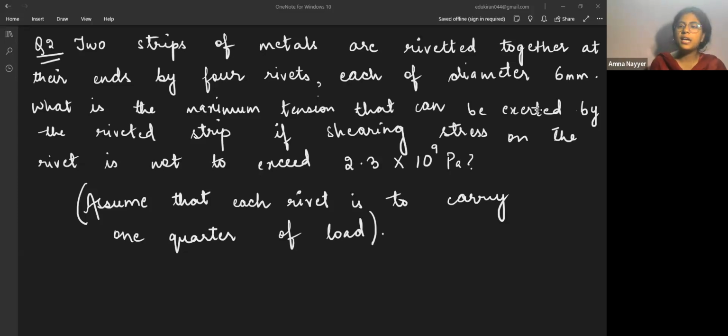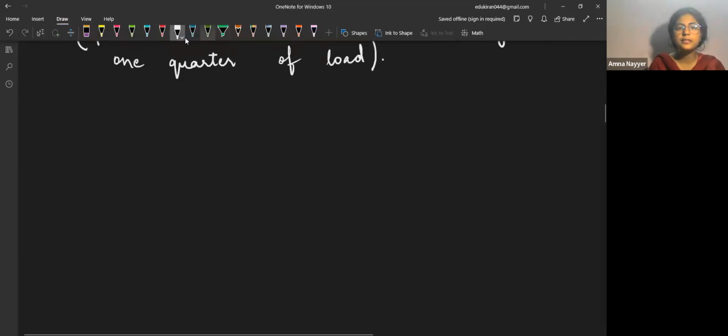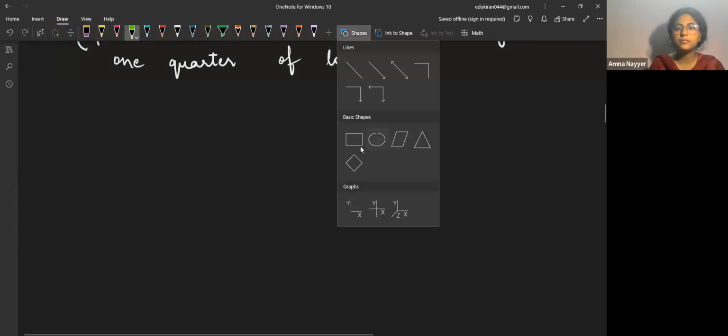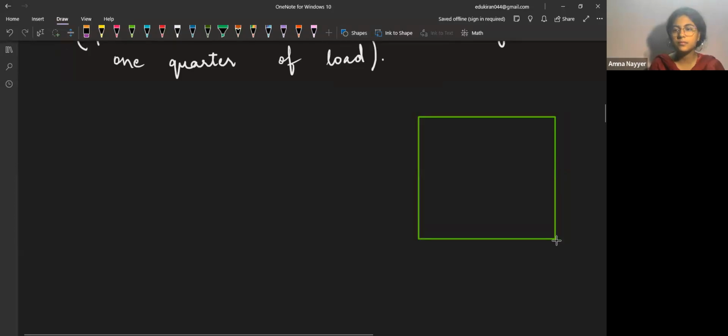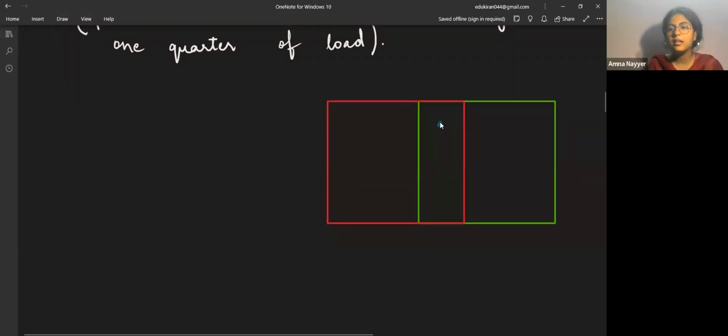See, assume that each rivet is to carry 1/4 of the weight. And here both of these are riveted together by 4 rivets.